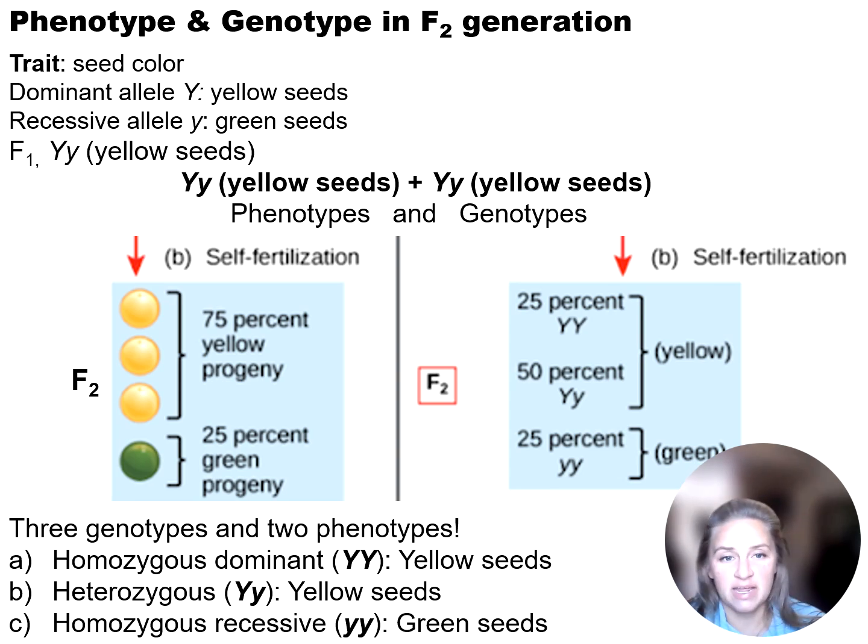But the phenotype is going to show us 75% that are dominant and only 25% that are recessive. So 3 genotypes, but 2 phenotypes.